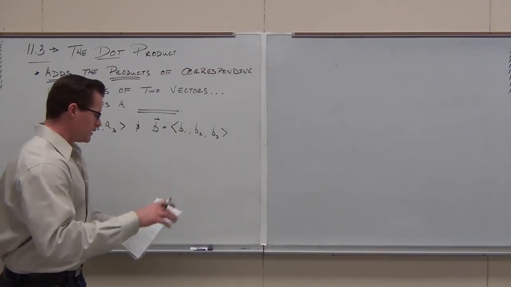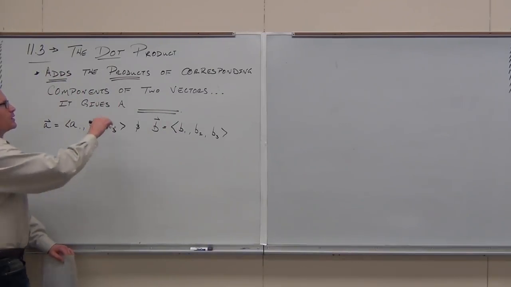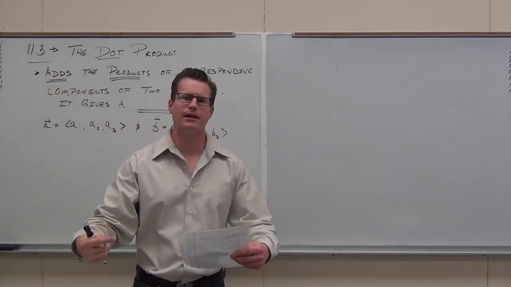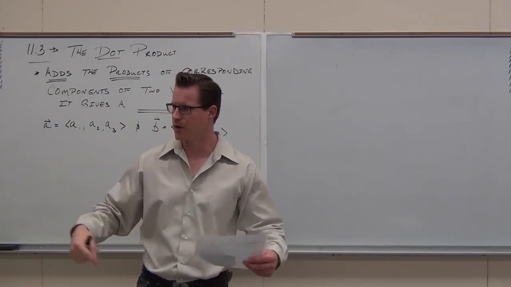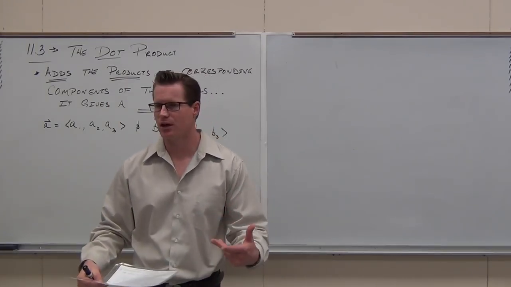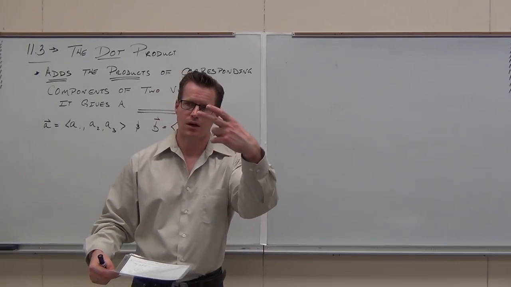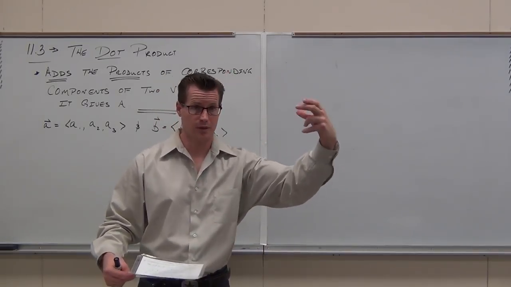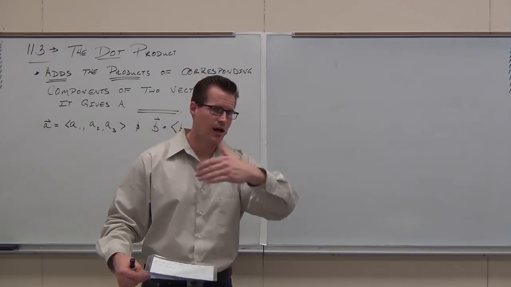So let's look at what this would do. You're going to be adding some stuff together, but the stuff you're adding is a product of corresponding components. That means pieces that match up. So like the X components, multiply those. The Y components, multiply those. The Z components, multiply those. And then when you have multiplied those, add them all up.